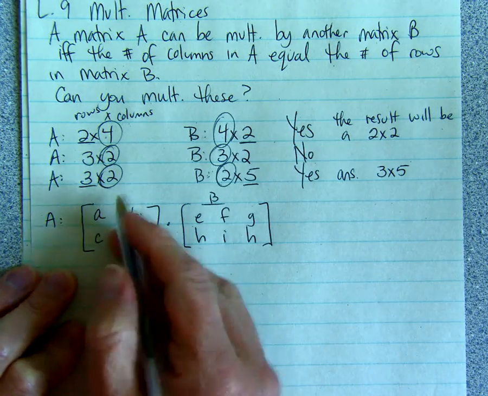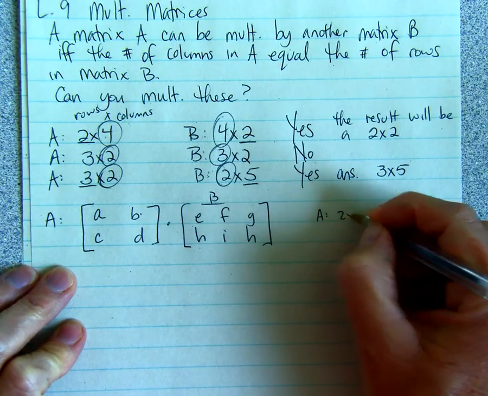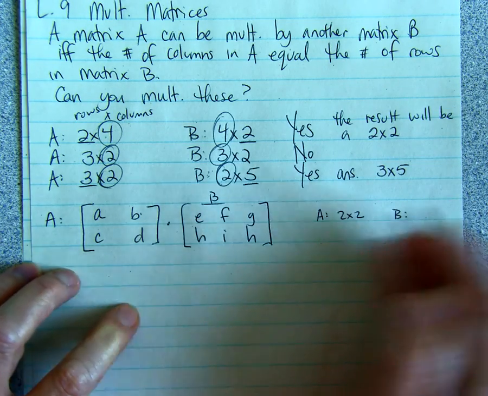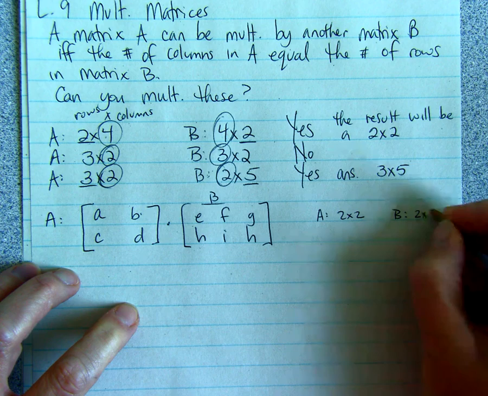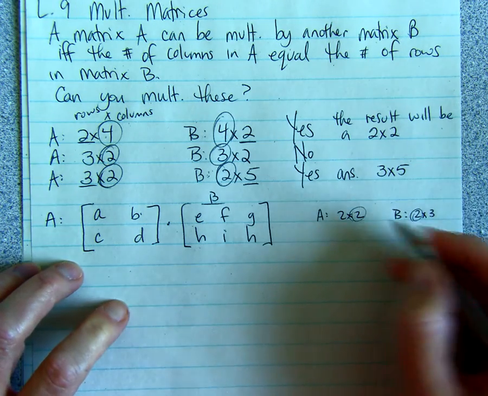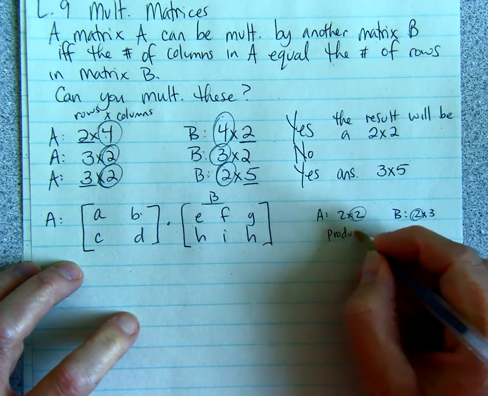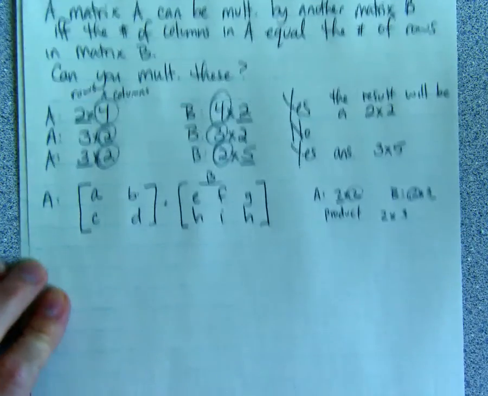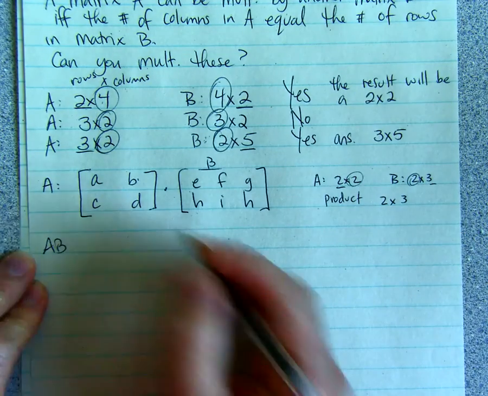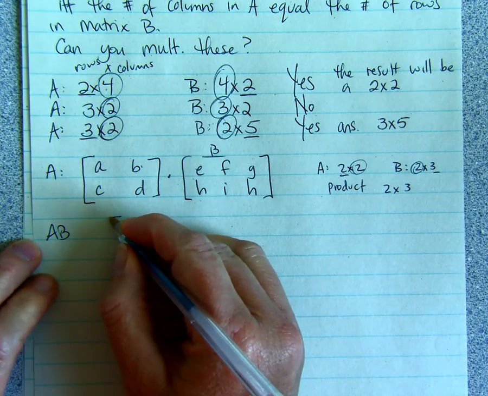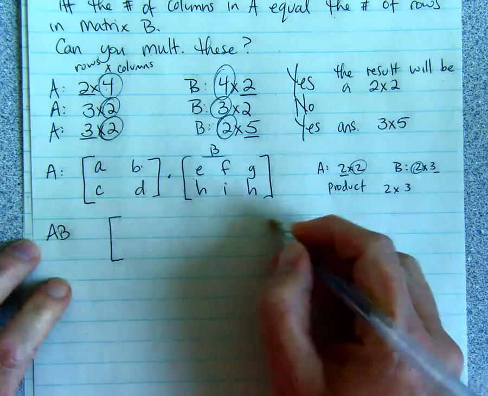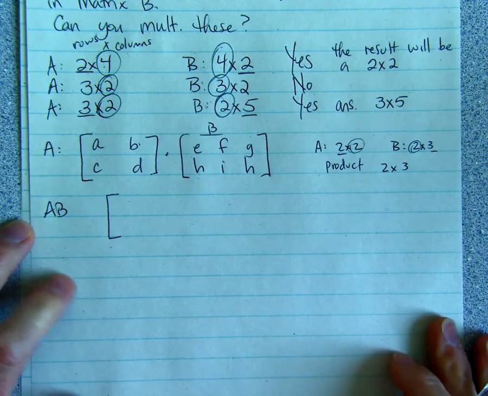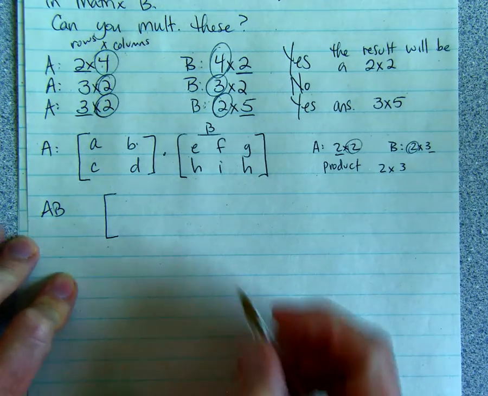A is a 2 by 2 and B is a 2 by 3. So yes, we can, and the product will be a 2 by 3. So if we multiply A times B, we're going to get a 2 by 3, with 2 rows and 3 columns.